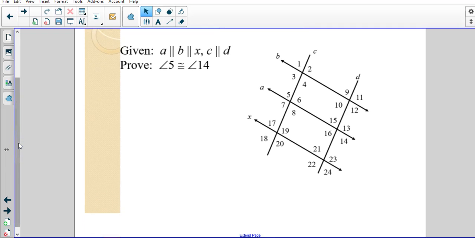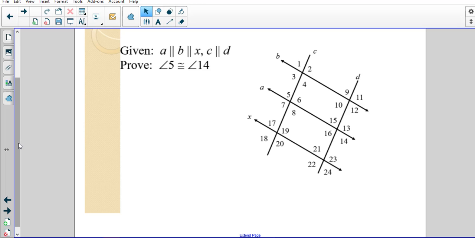Okay, next one. 5 to 14. Here's 5, here's 14. This is a quick one. A parallel to B, parallel to X, and C parallel to D. Given. This one we're done in one step. Angle 5 is congruent to angle 14.